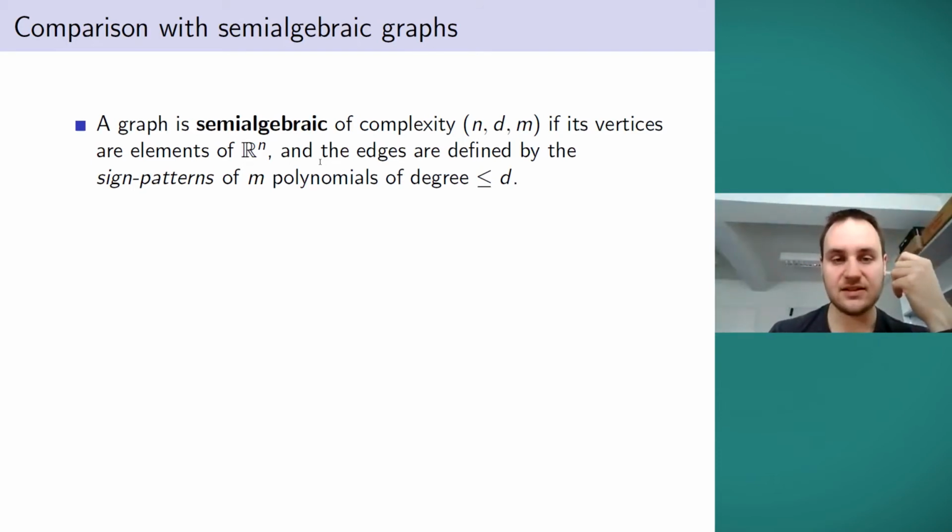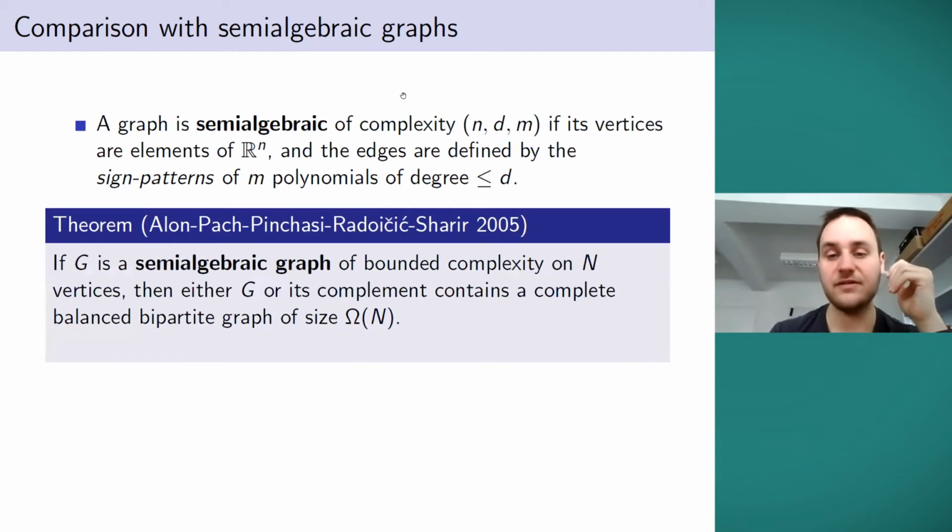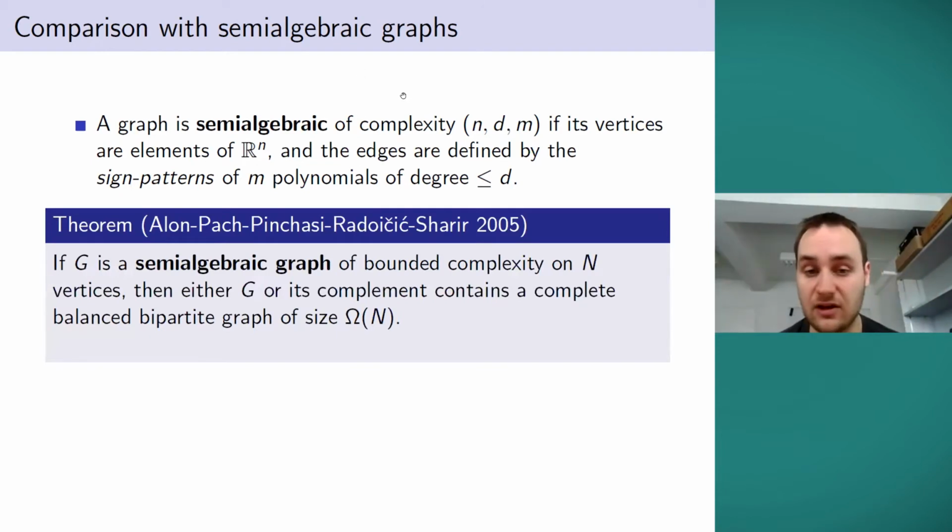And so the Ramsey properties of such graphs were also studied 20 years ago. There was a very interesting result of Alon, Pach, Pinchasi, Radoičić, and Sharir, who proved that if we have a semi-algebraic graph of bounded complexity, then either G or its complement contains a complete balanced bipartite graph of linear size.